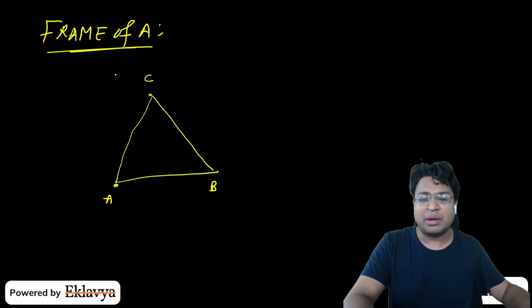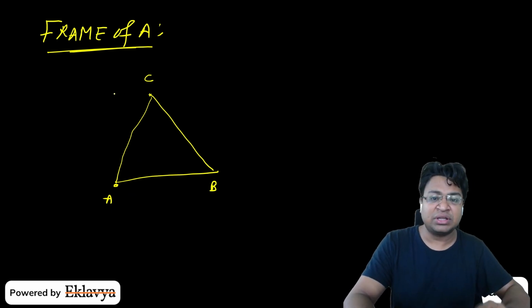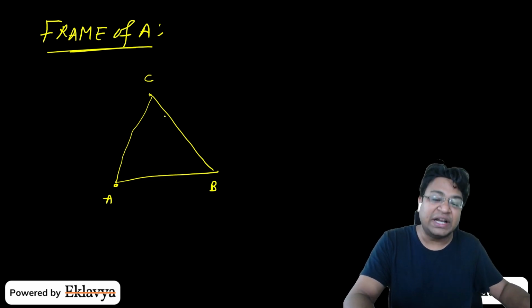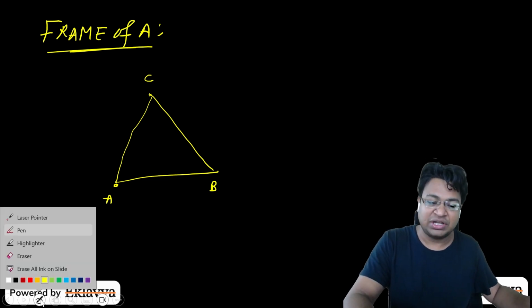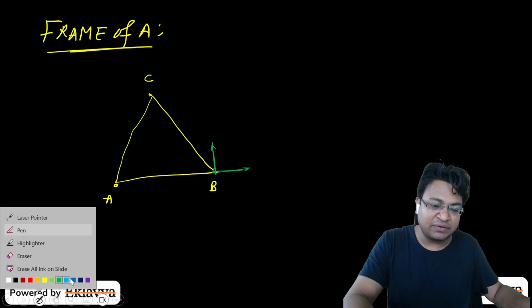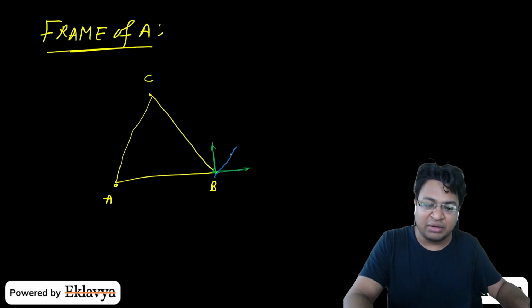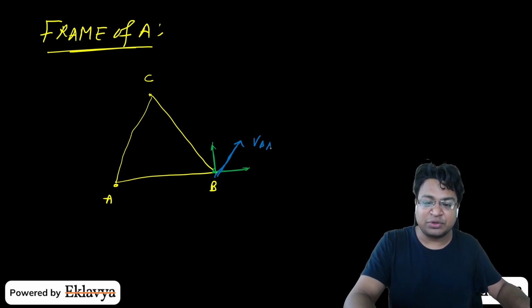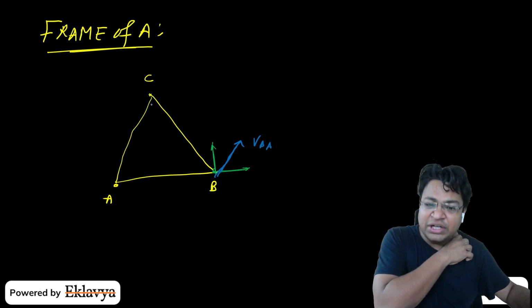Keep in mind that I'm not saying we are dealing with a triangle made of rigid rods, which basically means that at this very moment, the sides of this triangle may be changing at some rate. So the velocity of B may have a component in this direction, a component in that direction, maybe in any random direction like this. This is the velocity of B with respect to A.